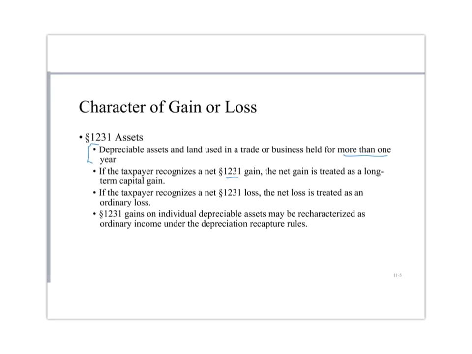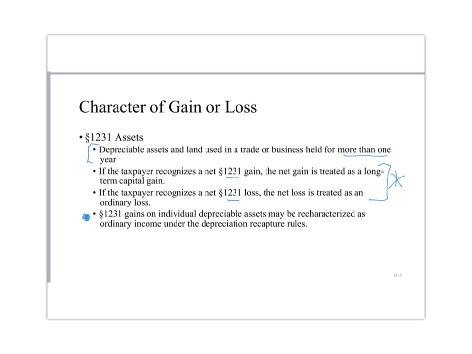If there's a 1231 loss, then that loss is treated as ordinary. From a tax perspective, these two pieces are very beneficial to the taxpayer because your gains are taxed at preferential rates, but your losses are ordinary. That's fantastic.